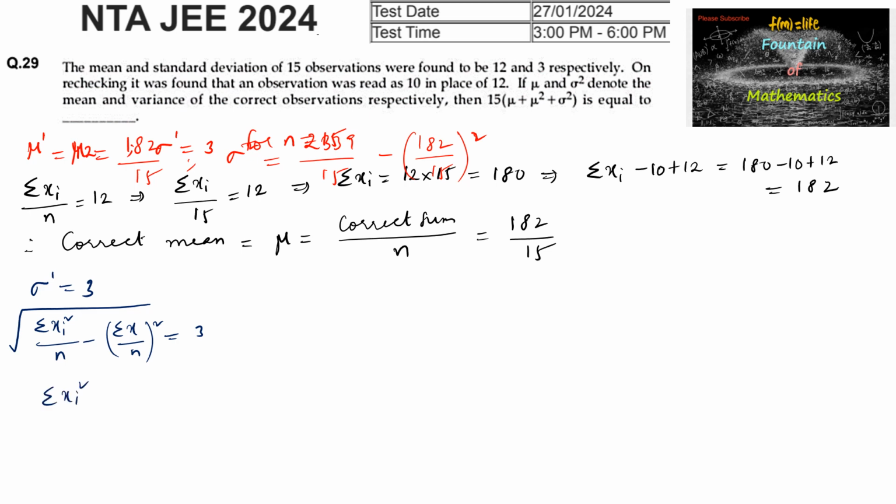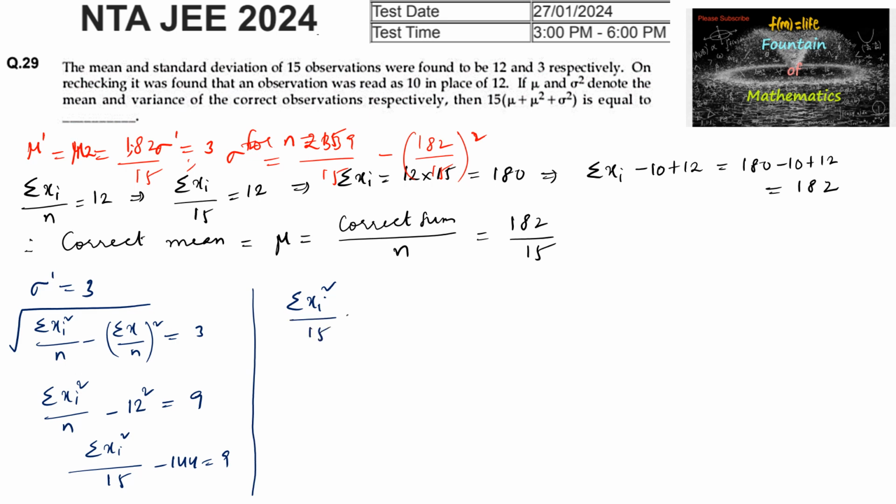The mean is given as 12, so 12 square; squaring on both sides, summation xi square divided by 15 minus 144 is equal to 9, or we can write summation xi square divided by 15 is equal to 144 plus 9, which is 153. So summation xi square is equal to 153 into 15. On calculation, you will get 2295.